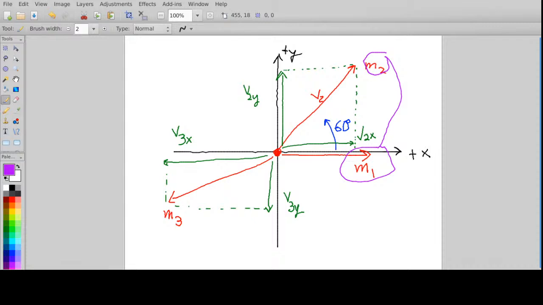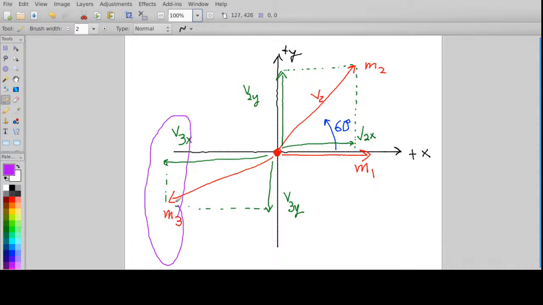So it makes sense that that has to be balanced with a component in the negative x direction. The negative x from m3 is balancing the positive x from m1 and m2.